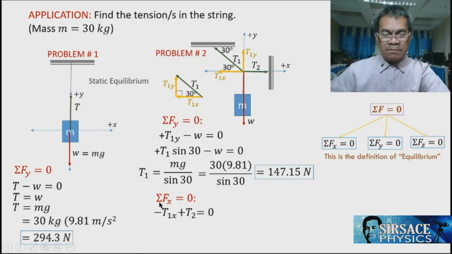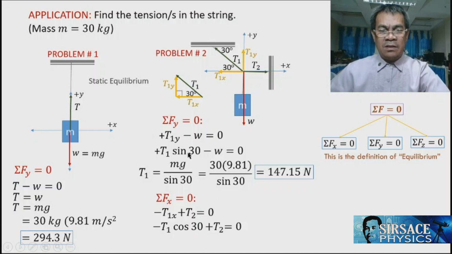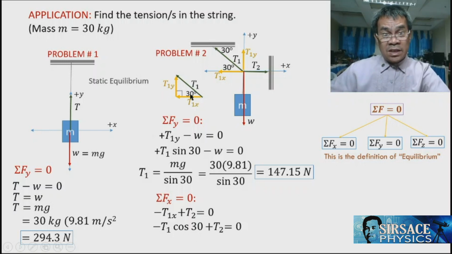Now this time we are looking for the value of T1x. This is T1x. So the T1x is adjacent to 30 degrees. So therefore, it should be cosine. Kindly correct my first statement here. This is correct, sine, and this is cosine. Cosine is because T1x is adjacent to T1.